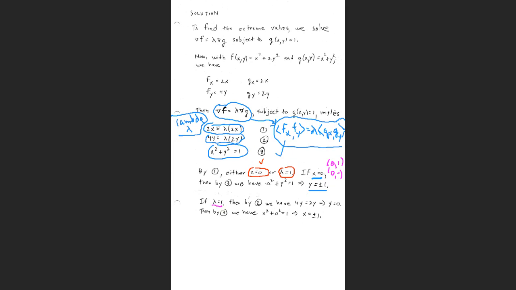If lambda equals 1, let's look at that second equation. By the second equation, 4y would have to equal 2y, and y equals 0 is the only possibility. Then, again, by the constraint equation, we put in y equals 0, x squared plus 0 squared equals 1, so x equals plus or minus 1.